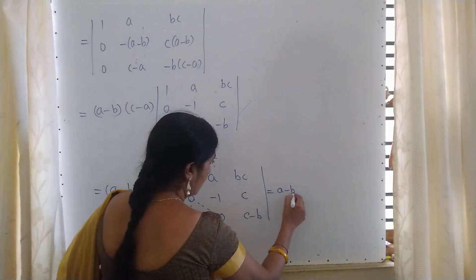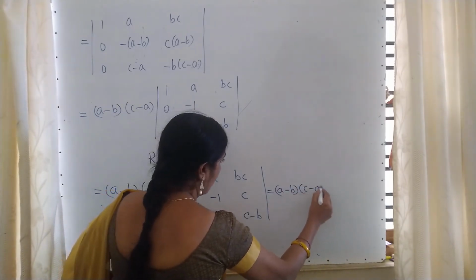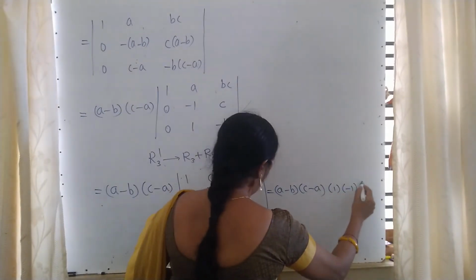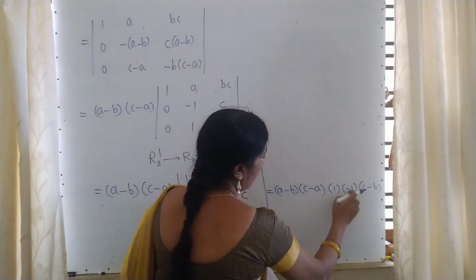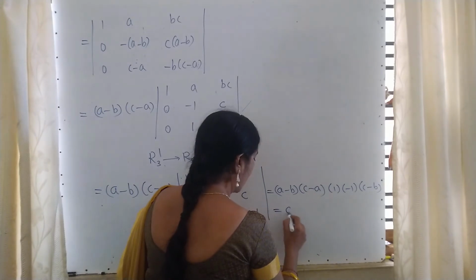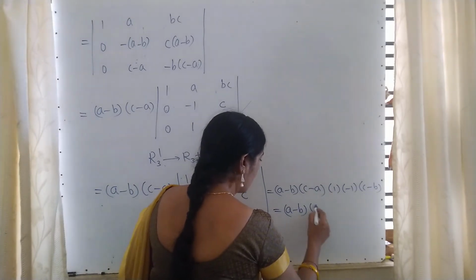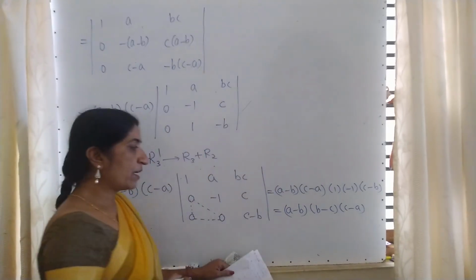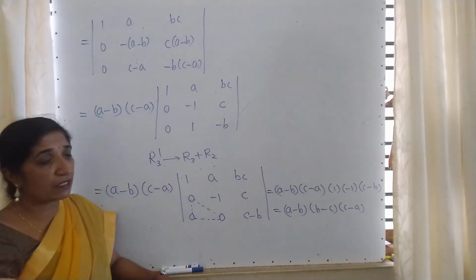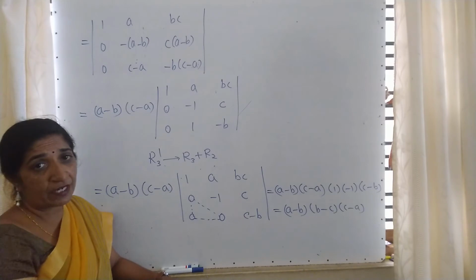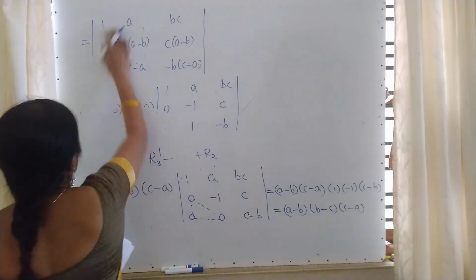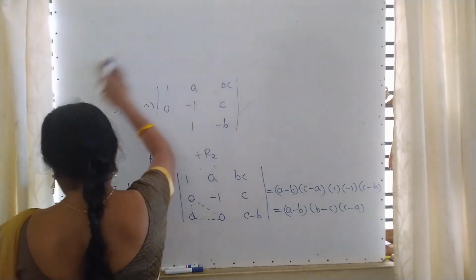This A minus B, C minus A as it is. 1 minus 1, C minus B. Take this minus inside this bracket. You will get A minus B, B minus C, C minus A. And student, after doing the sums, after practice, you will remember the result automatically. So this is how we are solving the examples. Moving to the next example.